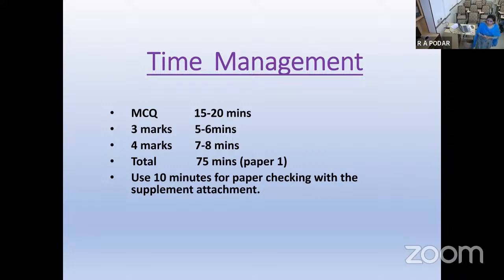For a 4 marks question, write it properly within 7 to 8 minutes. So totally, you apply 75 minutes for maths 1. And overall for the paper, 10 minutes are due for paper checking, your supplement attachment, your attendance. For that you will just use your 10 minutes.